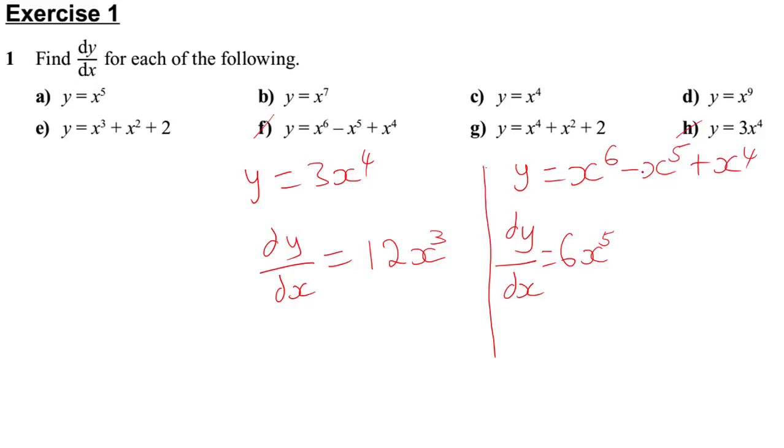Then I've got 5 times 1 here, but you see this minus, so that's going to be minus 5x, and the 5 is going to go down by 1, so it's going to be 4. And then for this one, I'm going to have 4 times 1 here, which is going to be 4, but then the 4 is going to go down by 1, so it's going to be like that. So that's going to be the answer to that.